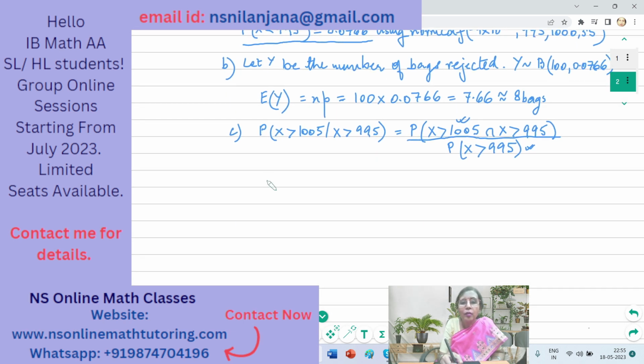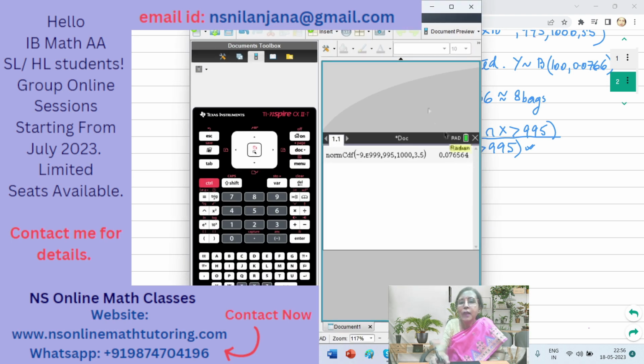And I have to get P of X greater than 995. We know the sum total of all the probabilities is equal to 1. So the probability of X greater than 995 plus the probability of X less than 995 should be equal to 1. Therefore, P of X greater than 995 is equal to 1 minus P of X less than 995, which is 1 minus 0.076564.